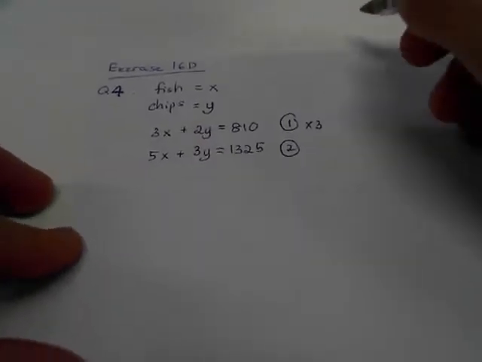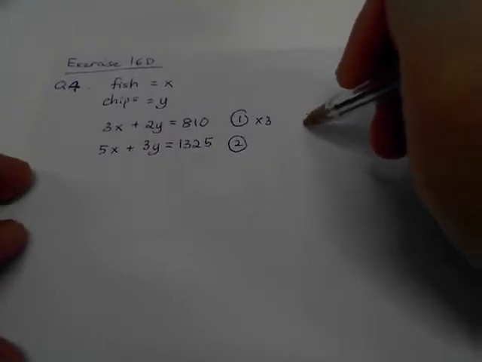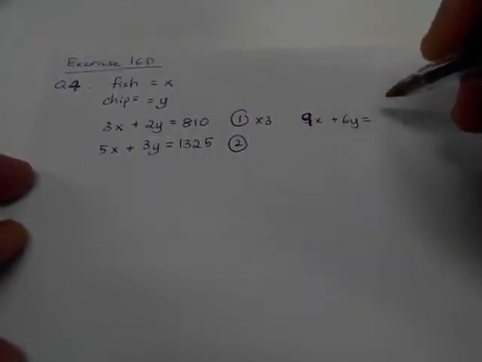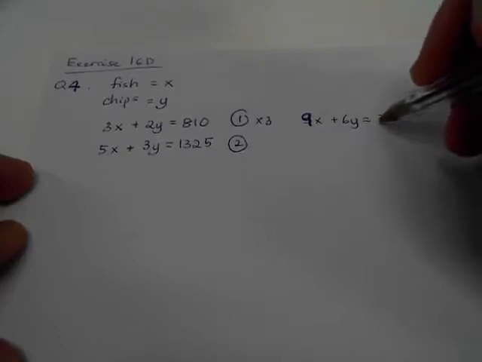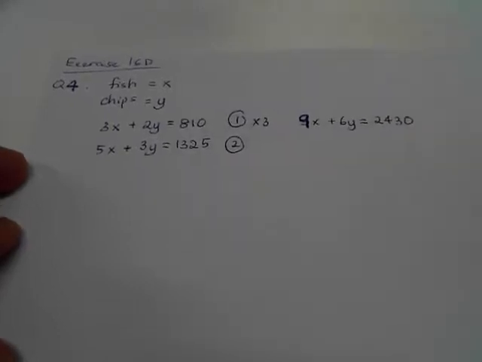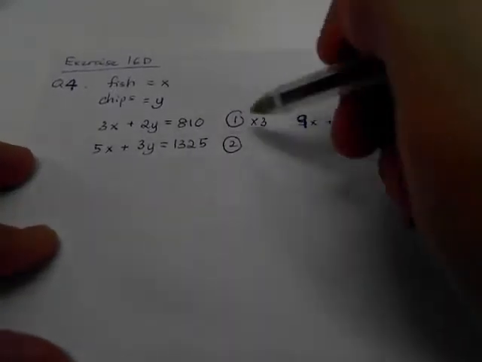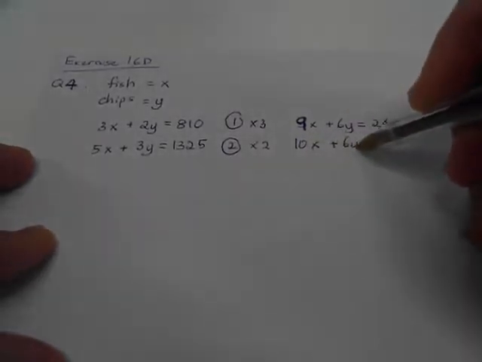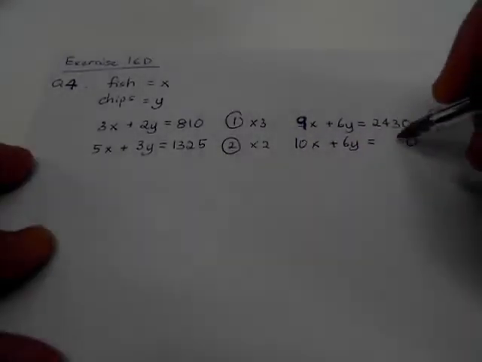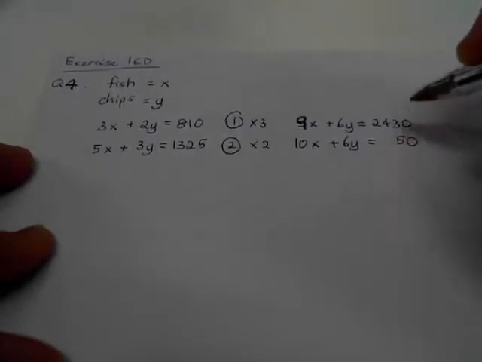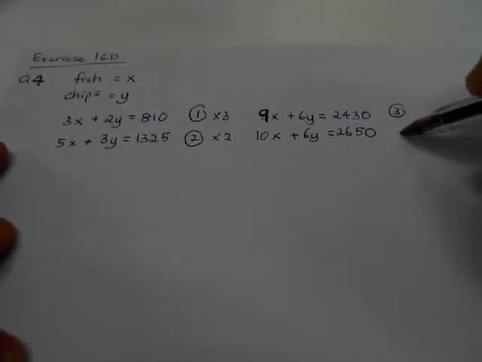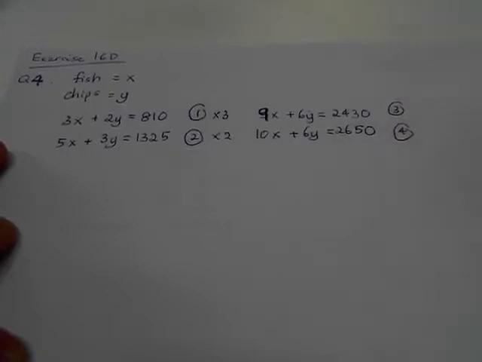So we multiply by 3: 3 times 3 is 9, apologies, so 9x plus 6y equals 2,430. For 5x plus 3y, I multiply by 2 so that I have 10x plus 6y equals 2,650. Then only at this point we have 6y and 6y, not a problem.